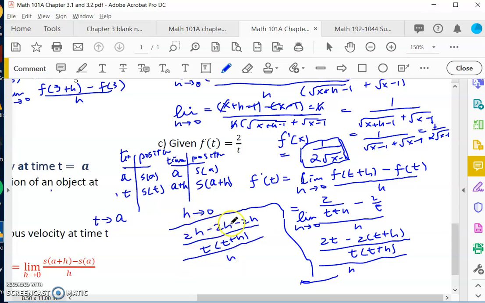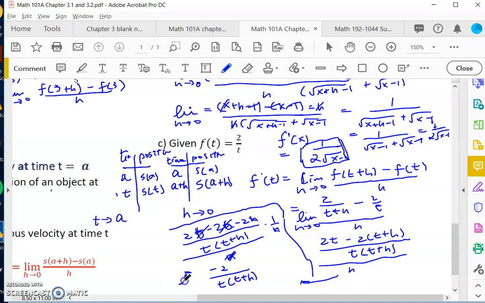The 2t and 2t cancel. I only have negative 2h left over. Then we multiply it outside as times 1 over h. So this h and this h cancel, and we have negative 2 over t times t plus h.